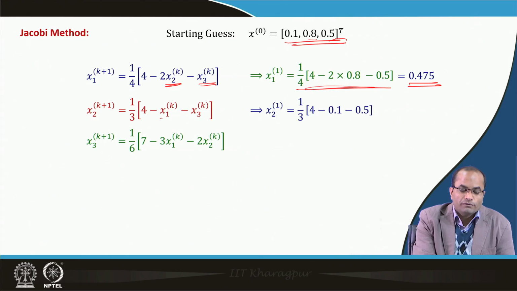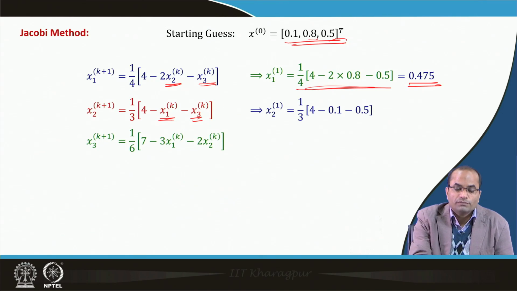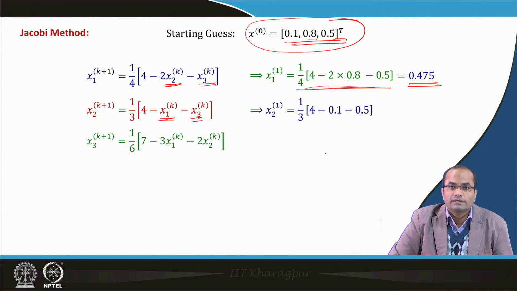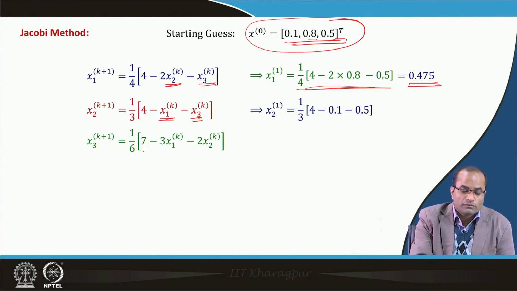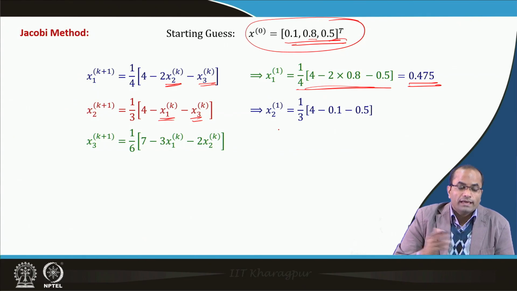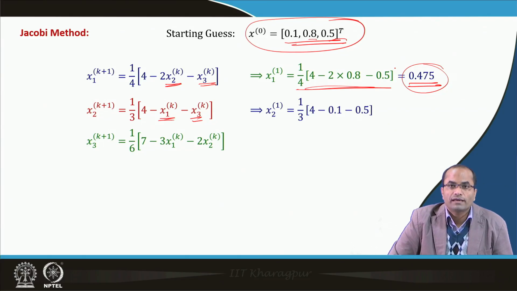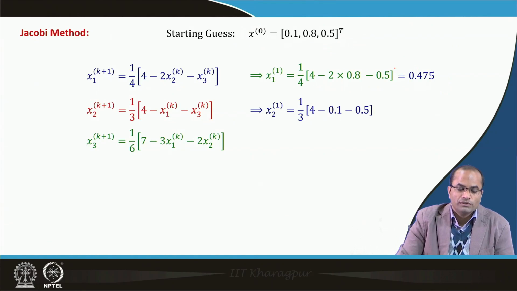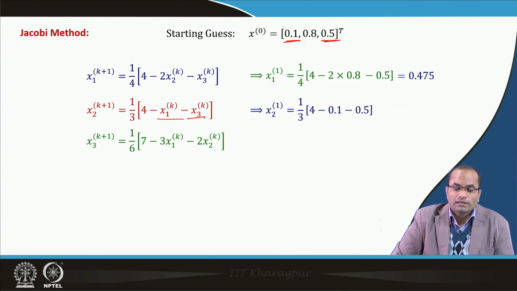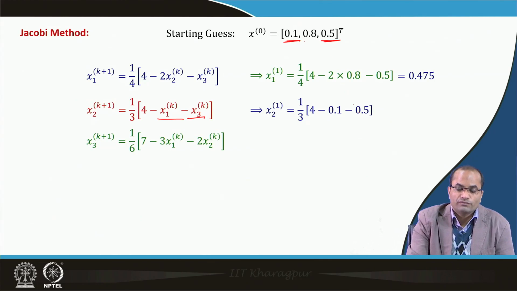For x2, we will plug here x1 and x3. All values will be used from this x0 until we get this complete step, or we compute all the components in this iteration. While in the Gauss-Seidel, we will use recently evaluated values as well. So, this is the Jacobi one, we will use again x1 and x3 from this initial guess only, that is 1 and this 0.5.